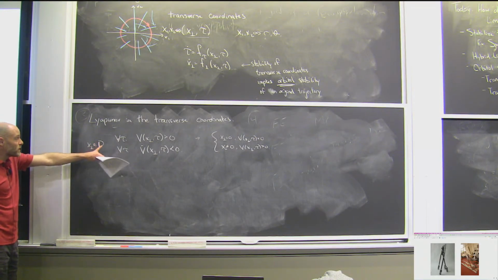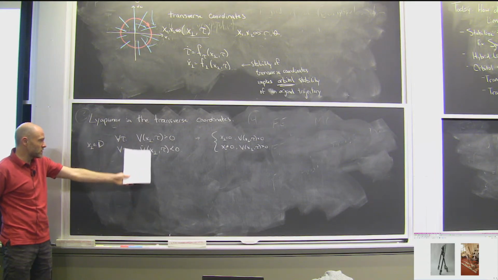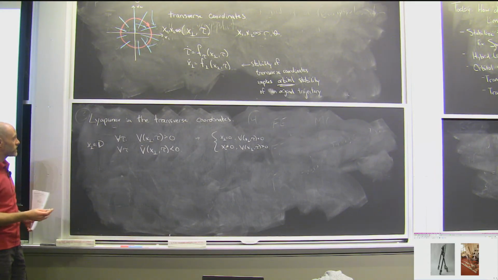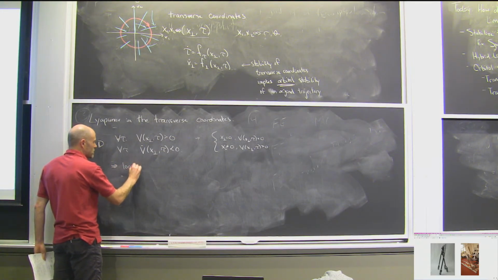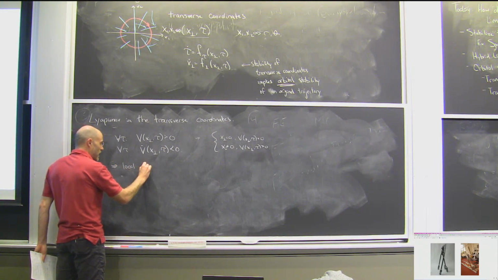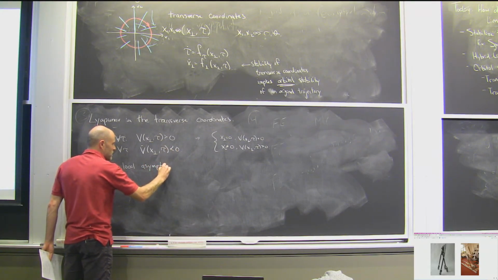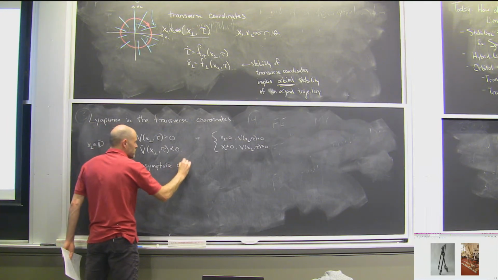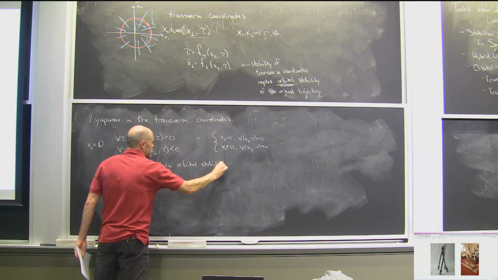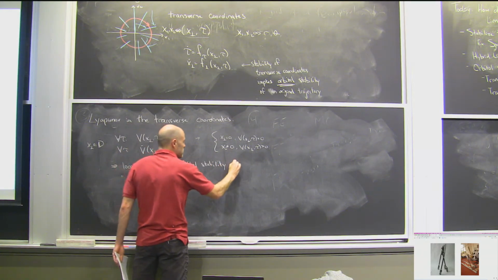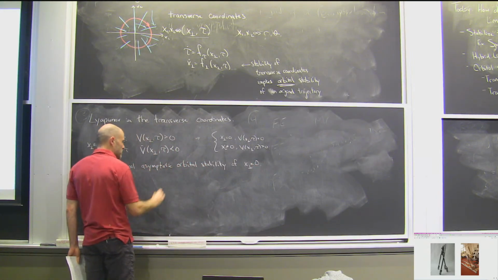If I can find a function, which is essentially a time-varying function of this r coordinate, this transverse coordinate, then this implies local asymptotic, in this case, orbital stability of the trajectory defined by x perp equals 0.